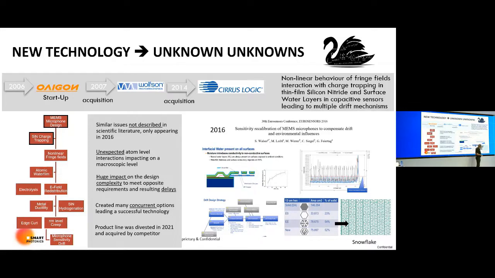We came up with a design which is beautiful to look at. It's called the snowflake design, which dealt with all these different requirements. But again, this was not something anyone could predict. So, black swan. That was about 10 years ago.